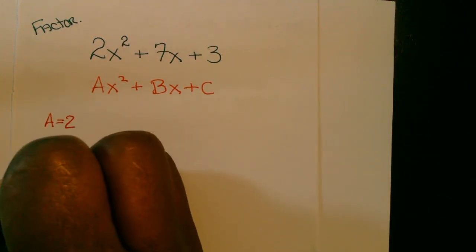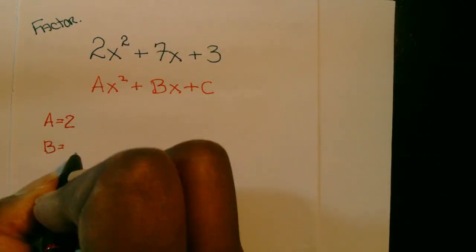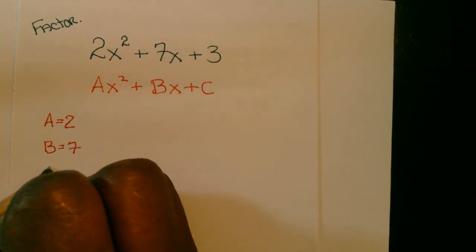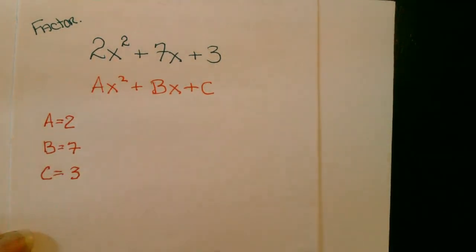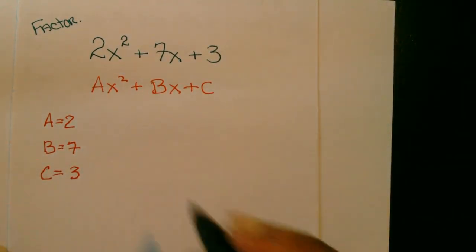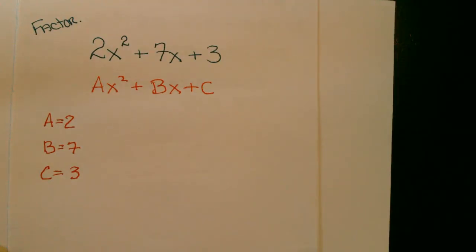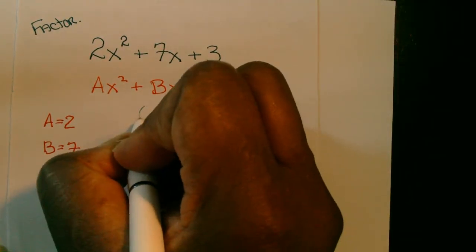Our b is being represented by a positive 7. And our c is our constant, which is a positive 3.